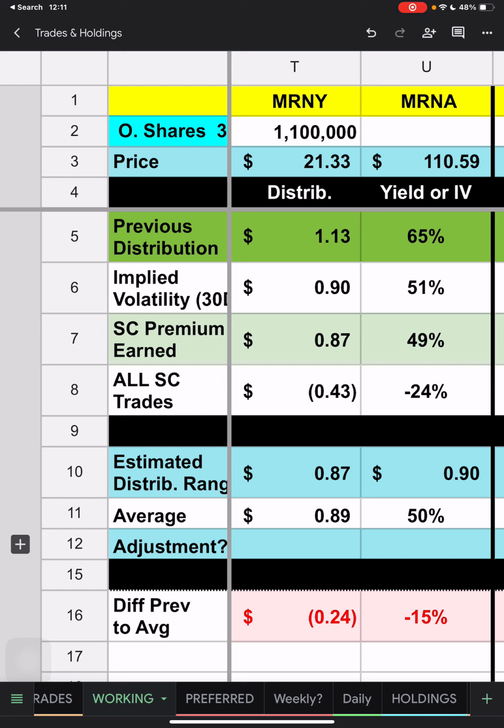But if we look at our estimated range and we take out our negative, we're looking at 87 to 90, and then the average ends up being 89 cents. So, yeah, maybe. I mean, if we've earned 87 in premium, and if they paid it based off of that, which we don't truly know.